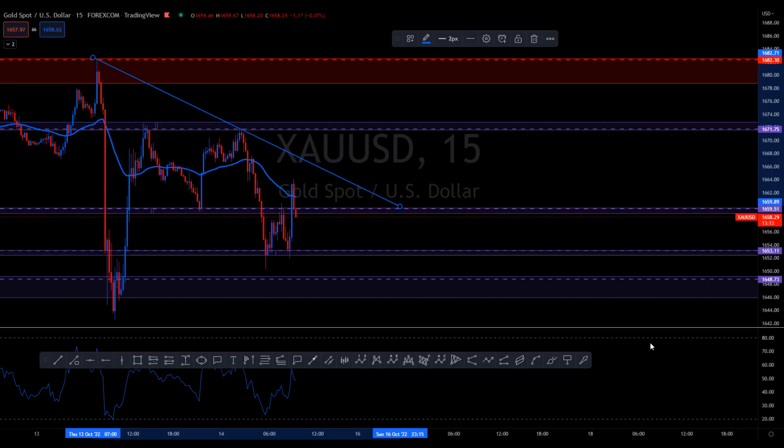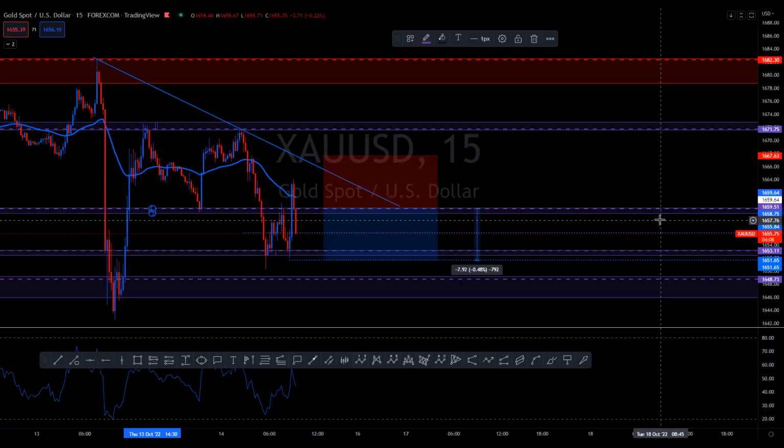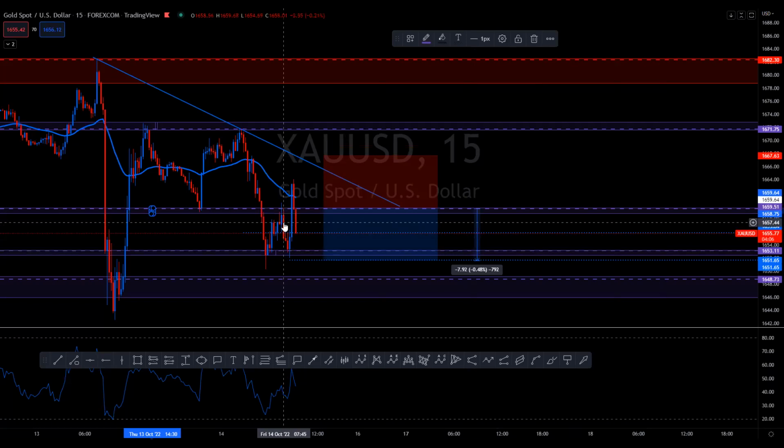Let me pause this recording. Looks like price is selling. So once I profit, then I'll resume this recording. I'm already in the sell trade. Let's see if we can grab this one. All right, so I just closed my first partial trade.